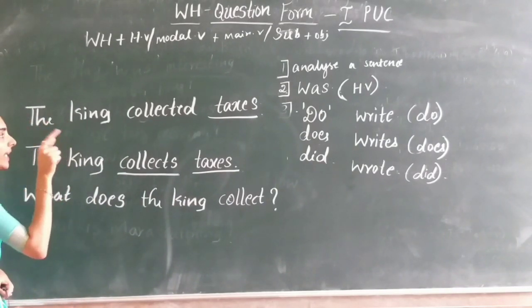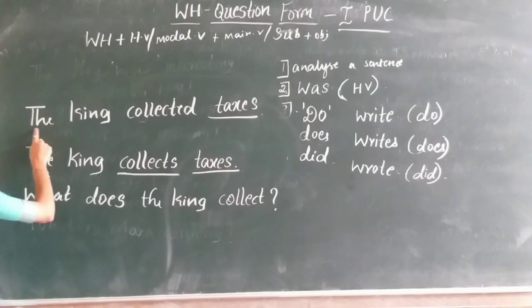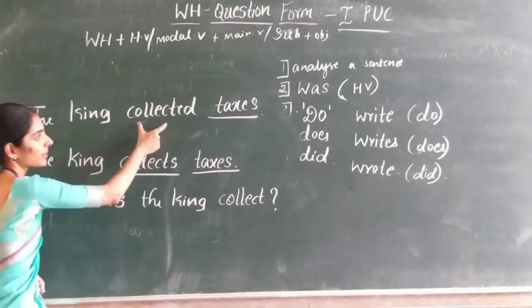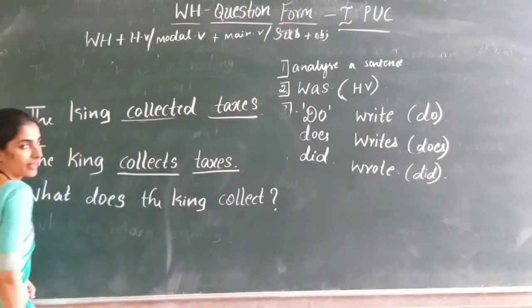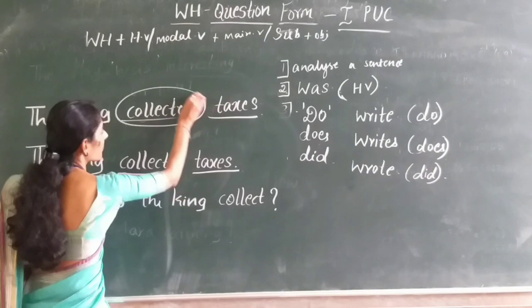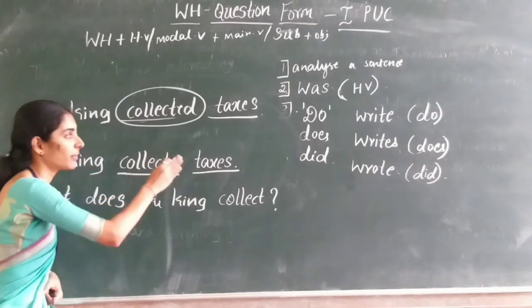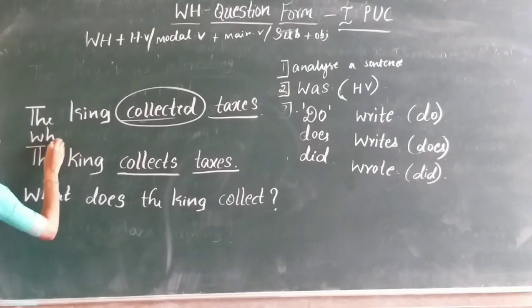When you add ed, that suggests the verb is in the past tense. So now analyze the sentence and then identify the main verb, that is collected. Collected is the main verb. There is no helping verb or modal verb, and that is why we must add the right form of do here. Now again, what?